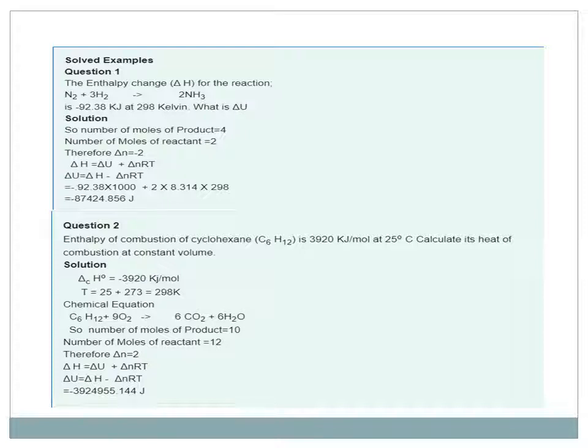87424.856 joule. Next question. Enthalpy of combustion of cyclohexane is 3920 kilojoule per mole at 25 degrees Celsius. Calculate its heat of combustion at constant volume. Delta H naught C is minus 3920 kilojoule per mole and temperature will be changed into Kelvin.